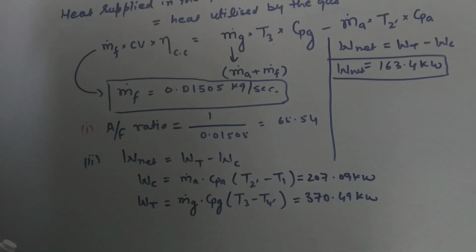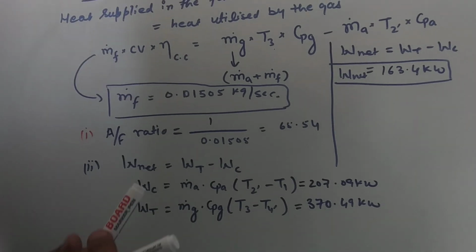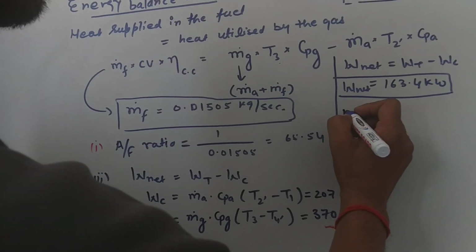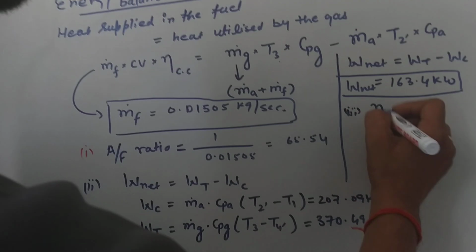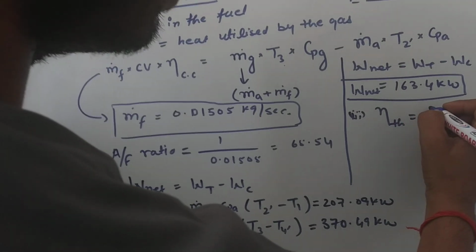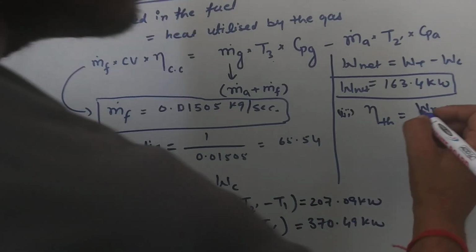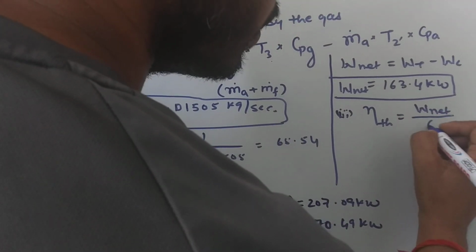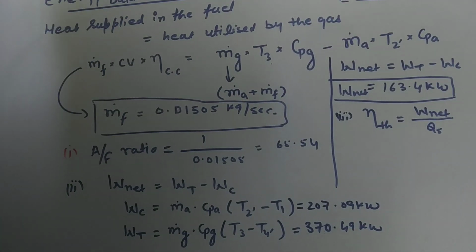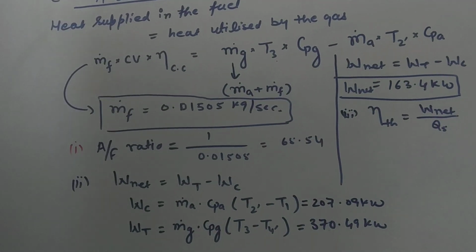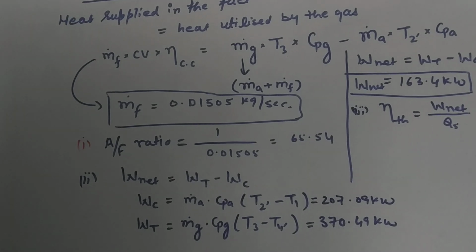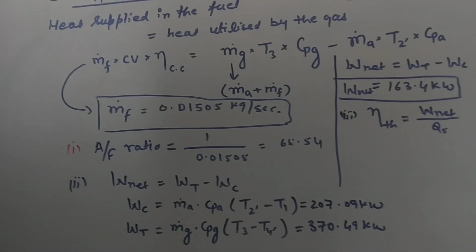Okay. Finally, we have to calculate the thermal efficiency of the plant. Thermal efficiency, we know very well, is output, W net, the power developed, divided by the heat supplied. Heat supplied we have calculated as mf into CV.